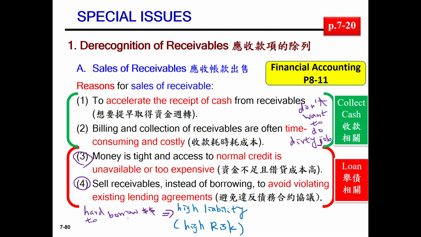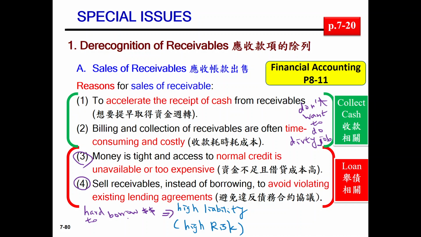So if you still want to borrow money from other companies, how? Only if you pay higher interest expense, right? So higher liability, higher risk. So when your company is high risk, how can you still borrow money from other companies? You have to pay them higher interest. So it will cost you a lot of money. You don't want to do that.